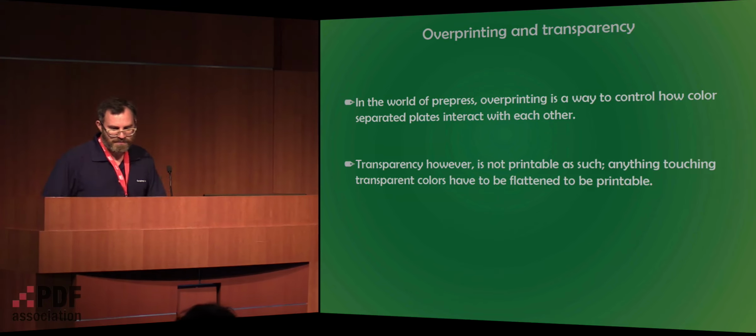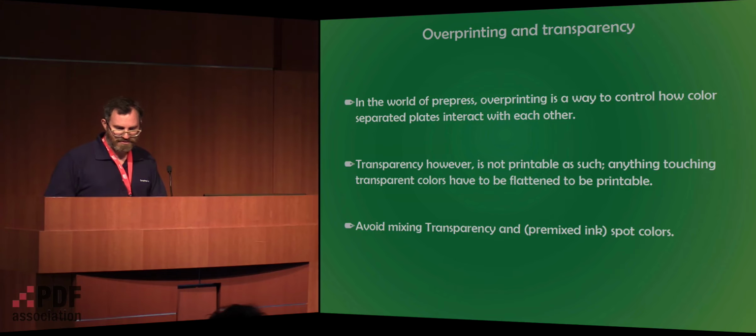Nowadays we have transparency in PDF where you specify it, but the problem with transparency is that you have to cut it up into the actual colors, and if you get too complex, you end up rasterizing your document, and sometimes you lose stuff like traps. You want to avoid mixing transparency and premix spot colors because basically they don't mix well. You don't necessarily have what you anticipate.